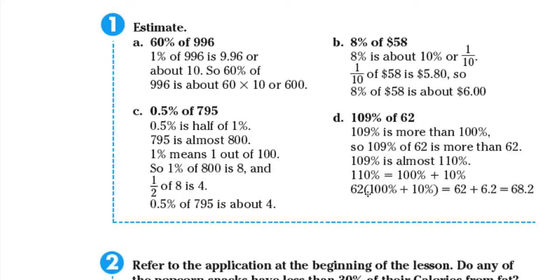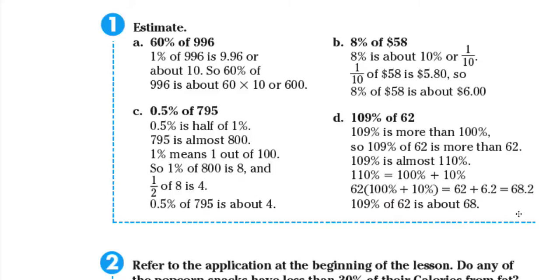So we multiply 62 by 100% plus 10% because it's close to 110%. The 100% of 62 is 62, and 10% of 62 is 6.2. We simply add those two together, it's 68.2. So 109% of 62 is about 68.